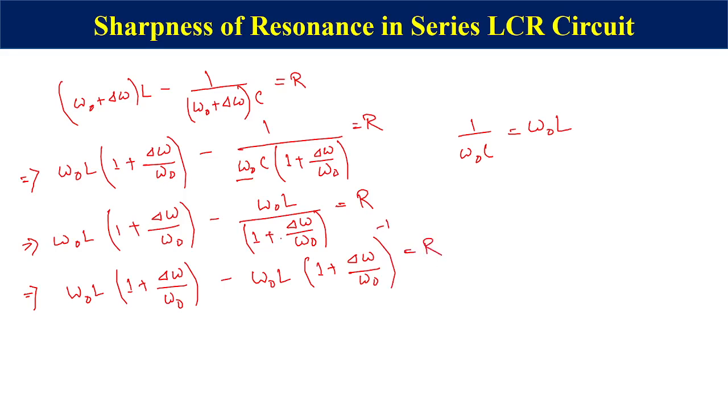That means I have inverted this factor which is in the denominator, so I have inverted it to be to the power minus 1. Why have I inverted? Because I can expand it in binomial form. So in binomial form, if I expand it and just consider the first term, I am going to get omega naught L (1 plus delta omega by omega naught) minus omega naught L (1 minus delta omega by omega naught).